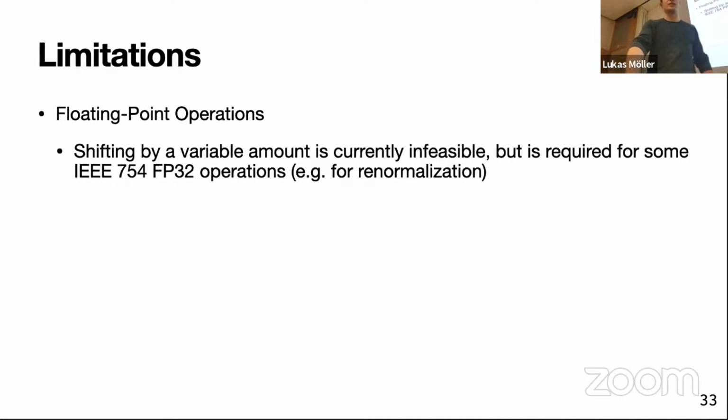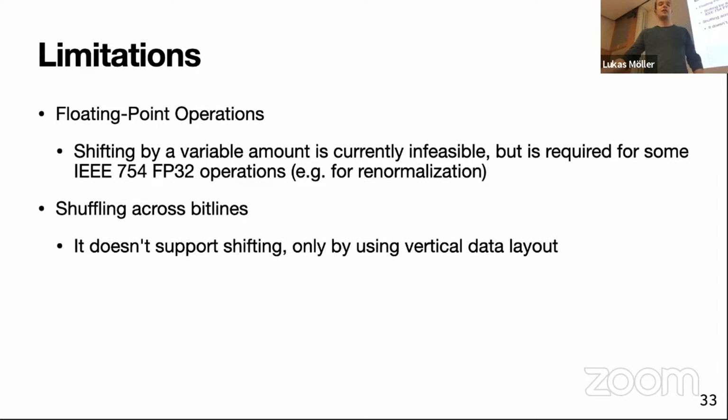This is pretty hard to implement with SIMDRAM, but for IEEE 754 floating point numbers, we would need that, for example, for renormalization. Shuffling across bit lines is also not supported, and we can only do these limited kinds of shifts using vertical data layout.